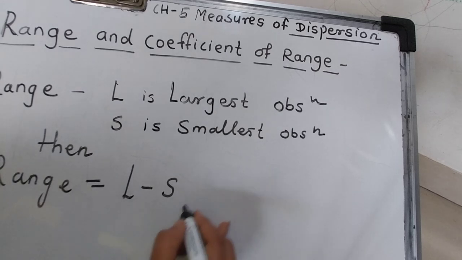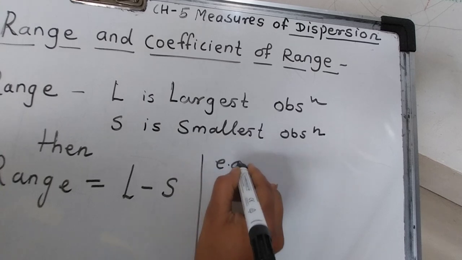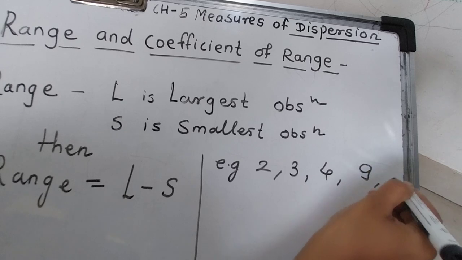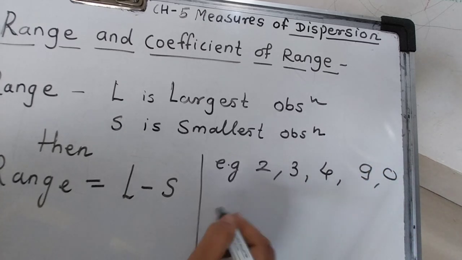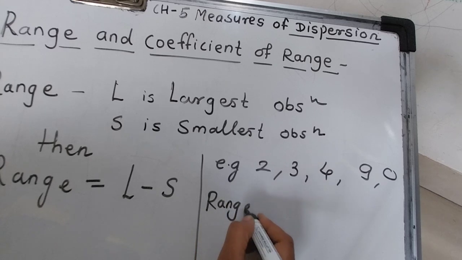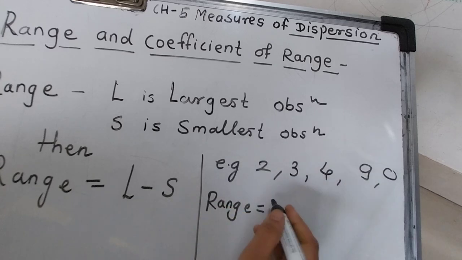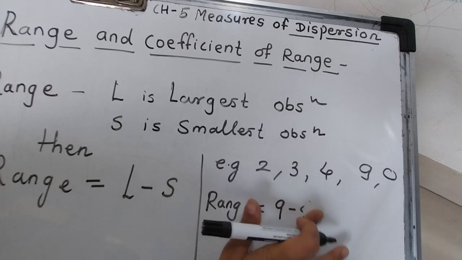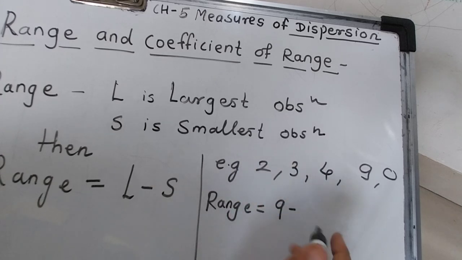Suppose for example the observations are 2, 3, 4, 9 and 0. What do we have to find here? Range. What is the largest observation here? 9. Smallest is, sorry, 0. So the range is 9.